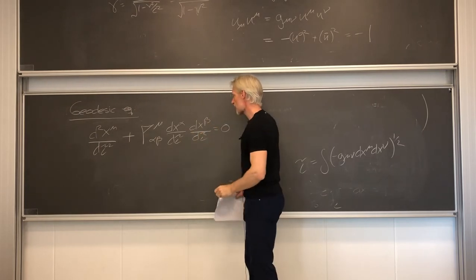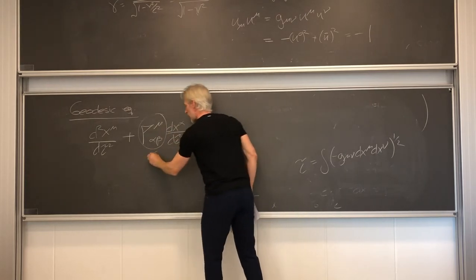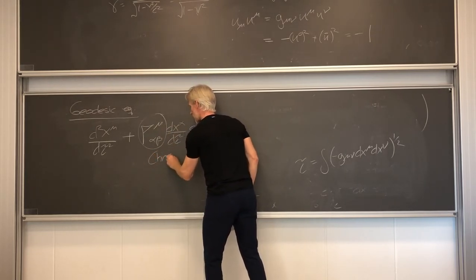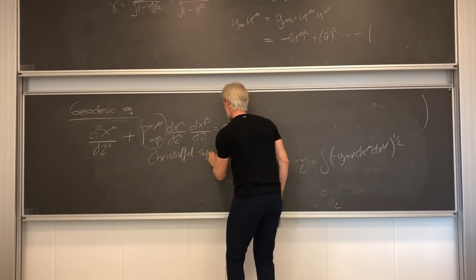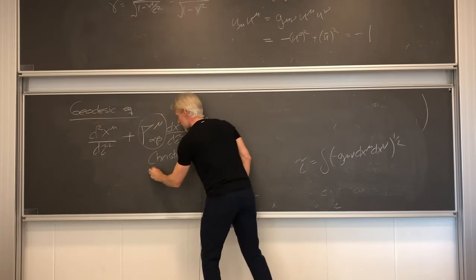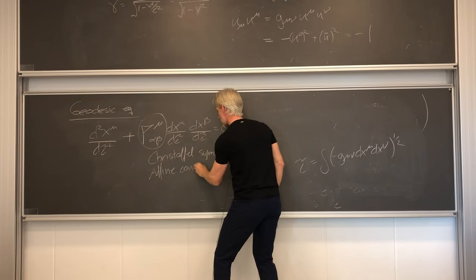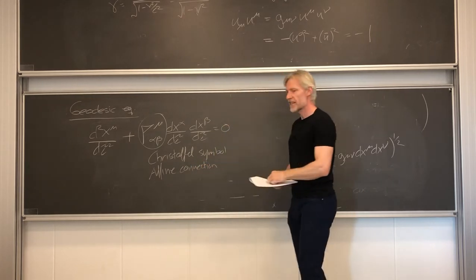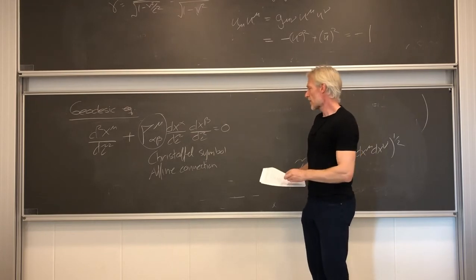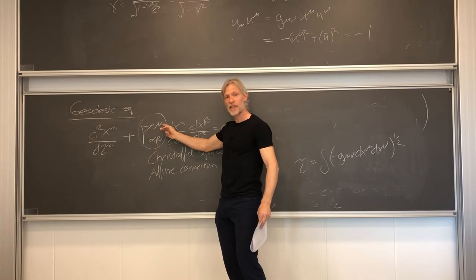So for now, I've just written it in terms of this weird-looking symbol, which is either called the Christoffel symbol or the affine connection. And how is that crazy symbol defined? Well, you can see already now that it has 3 indices, which means that it's a rank 3 tensor. So it has 4 by 4 by 4 components.